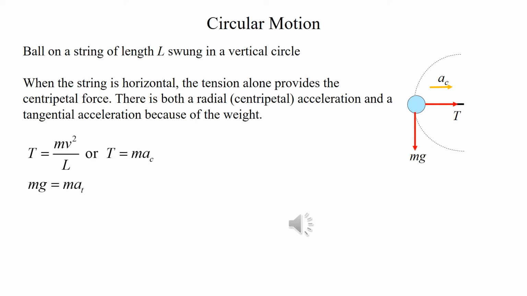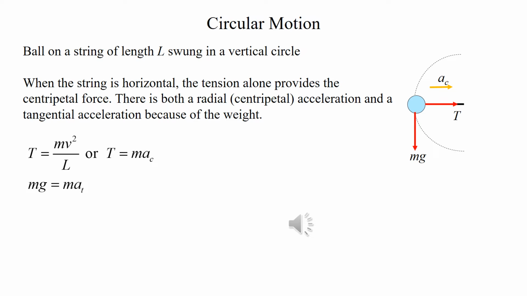All right, now what about the points when the string is horizontal when we're swinging in the vertical circle? When the string is horizontal, the tension alone provides the centripetal force since the weight is straight down. So at that point, there's both a radial or centripetal acceleration and a tangential acceleration because of the weight.